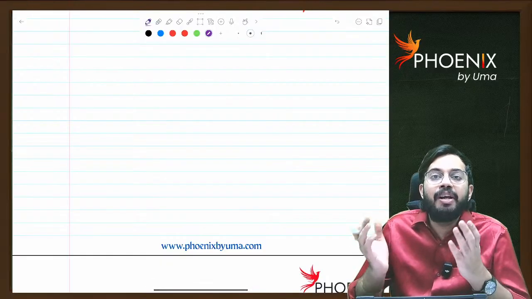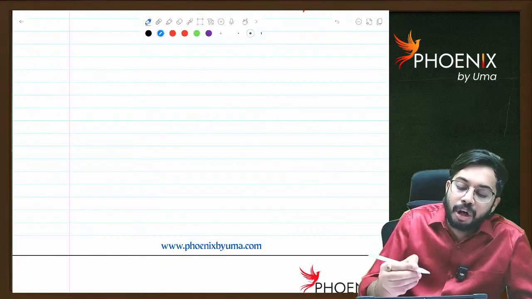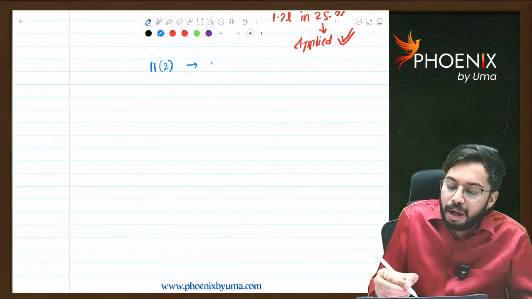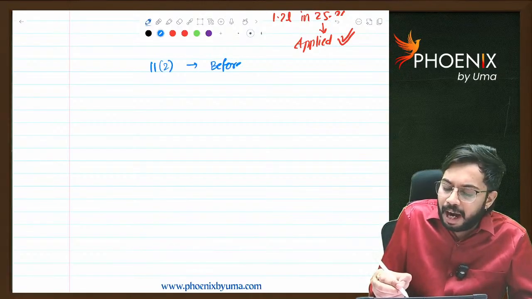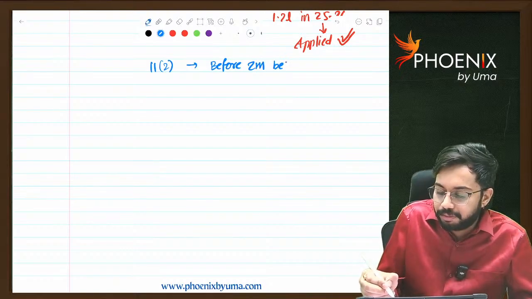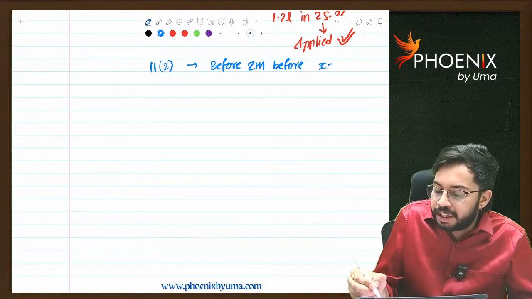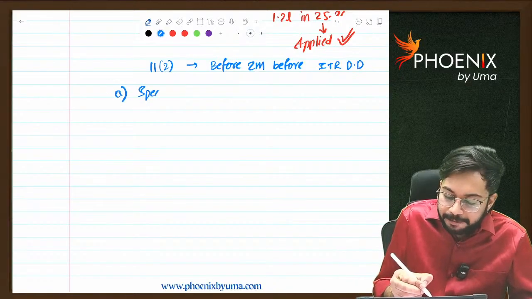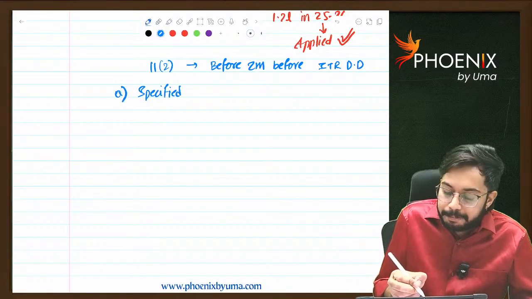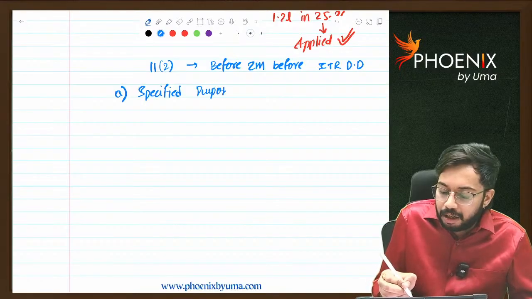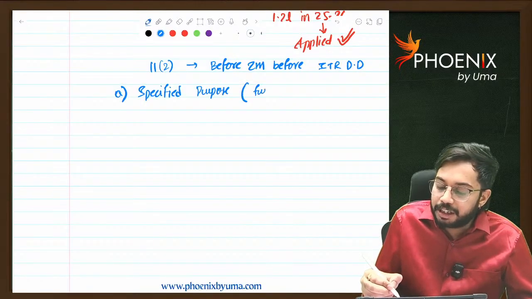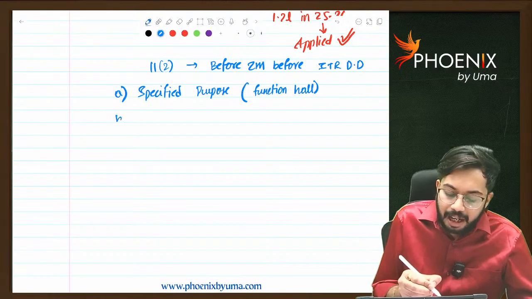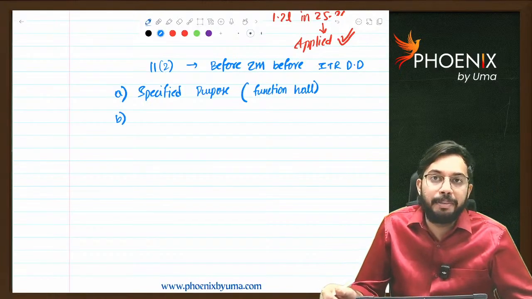For that, I will accumulate the money. So I should give a declaration to the assessing officer under section 11.2 two months before the ITR due date. In that declaration, I will tell the specified purpose, which is construction of a function hall. I will tell how many years I will accumulate.